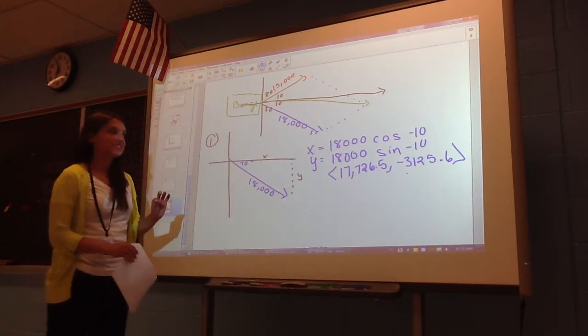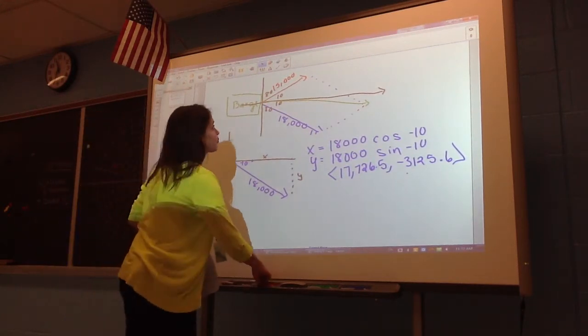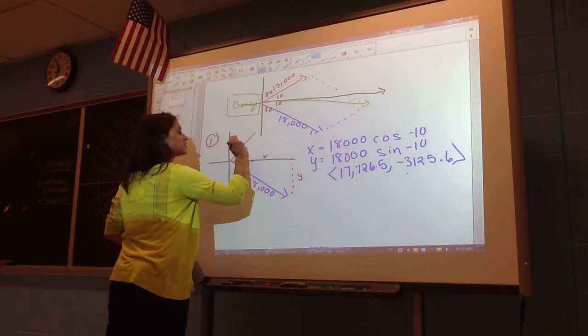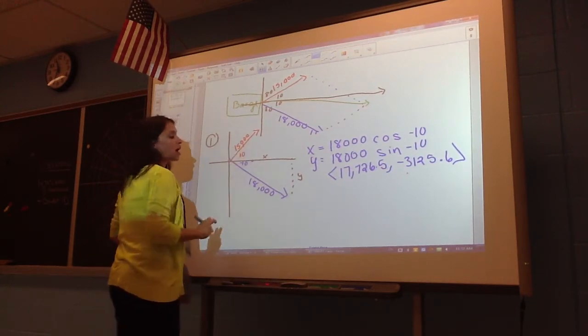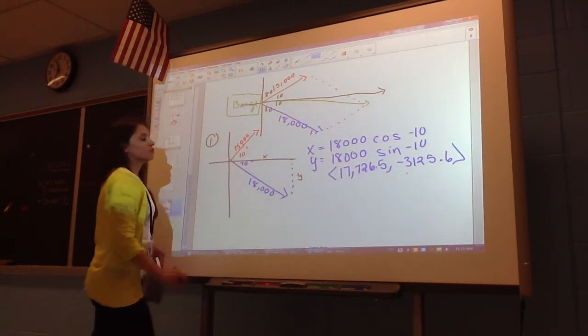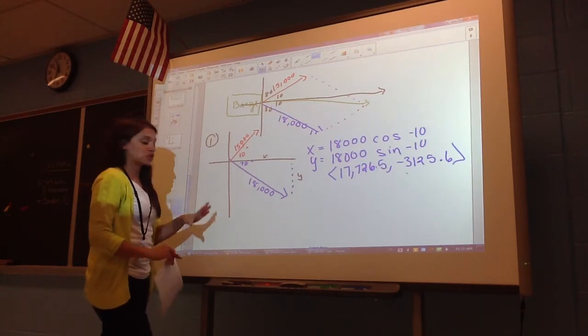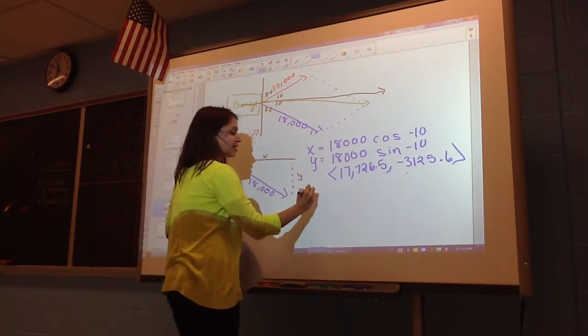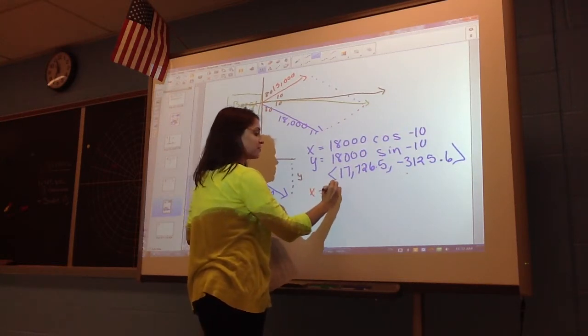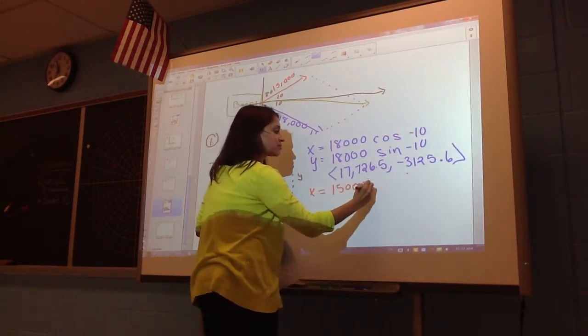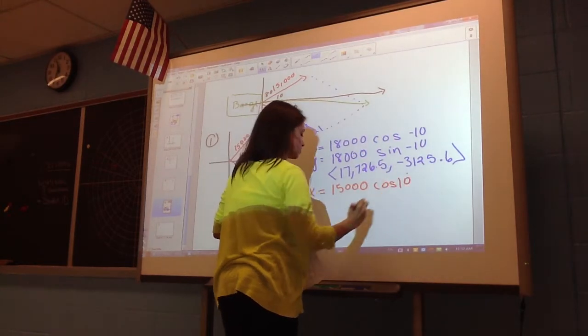Now we need to do these same exact steps, but for our red vector. That is 15,000 pounds, so it's got a force of 15,000 pounds, a positive 10 degrees from standard position. So I use the same formulas. X is going to equal, my horizontal component is x, 15,000 times the cosine of a positive 10 degrees.